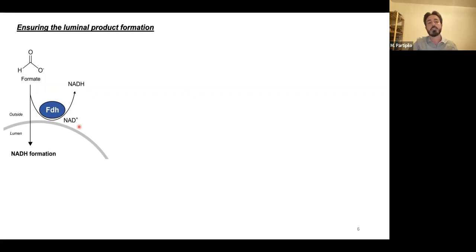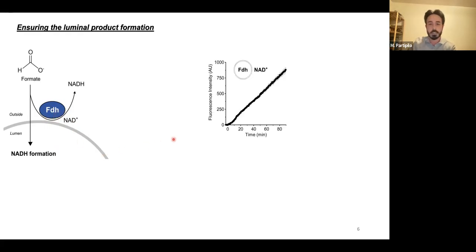For this reason, we carried out negative controls in which we encapsulated only the cofactor or only the protein formate dehydrogenase. As I'm going to show you now in this experiment, when we encapsulated only the protein and added our NAD+ on the outside, at the moment of the addition of formate we observed something that we would have preferred not to see, that is reduction of the cofactor. This meant that basically we still had some of the protein sticking on the outside.